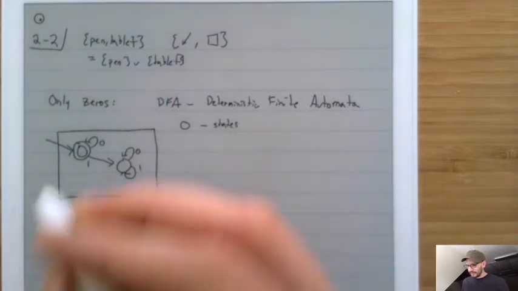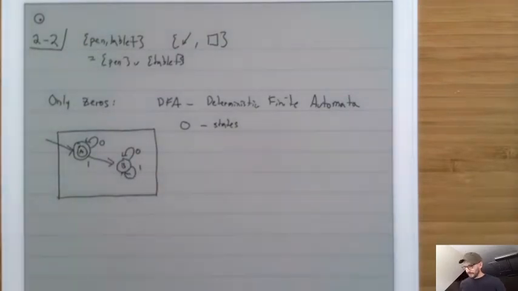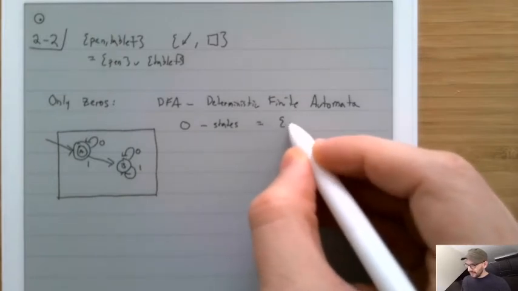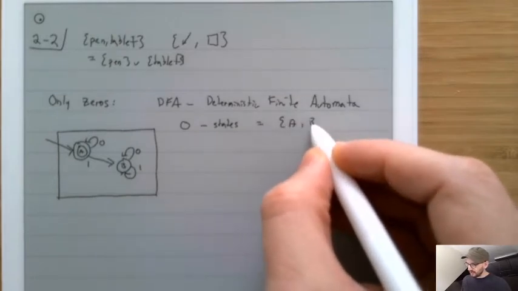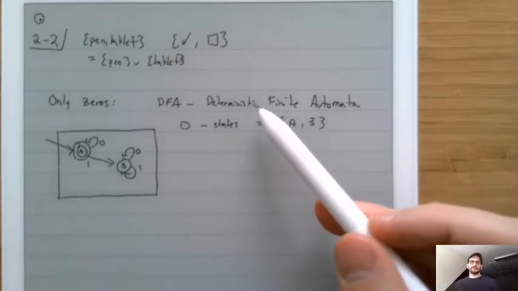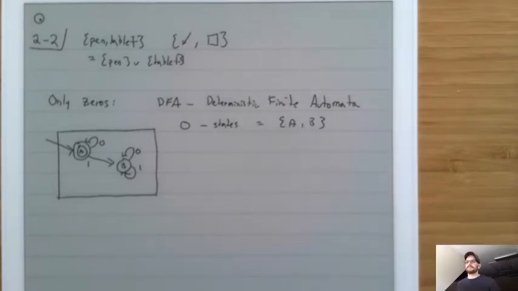In this case, we could label them. Let's label this one A and this one B. Notice that there are exactly two states. That means that the set of states is a finite set that contains just A and B. That is why these are called deterministic finite automata, because the states are themselves finite.